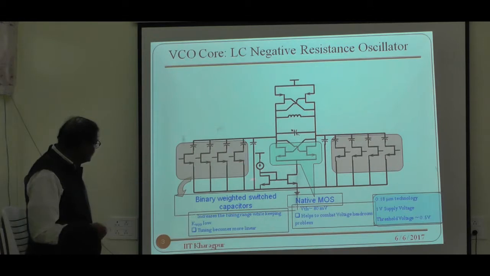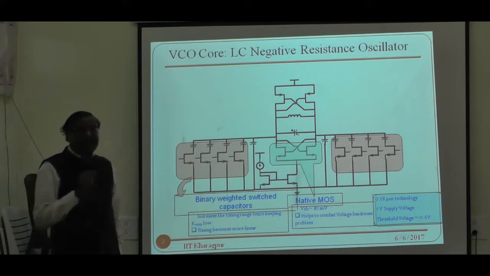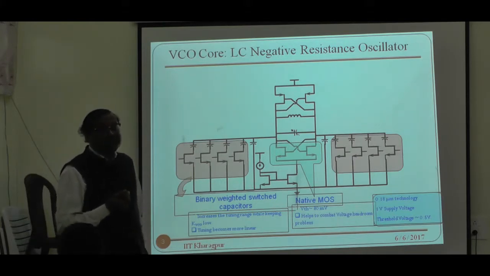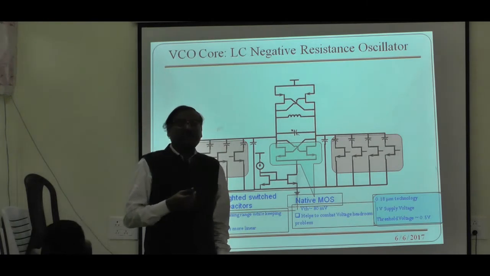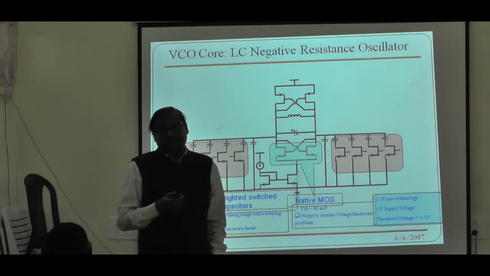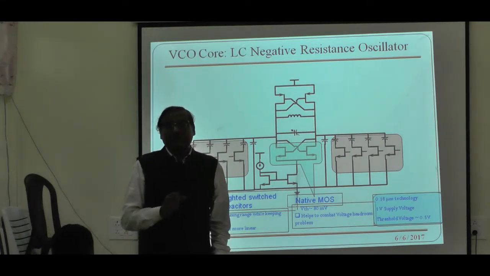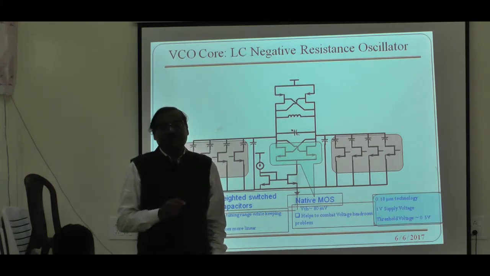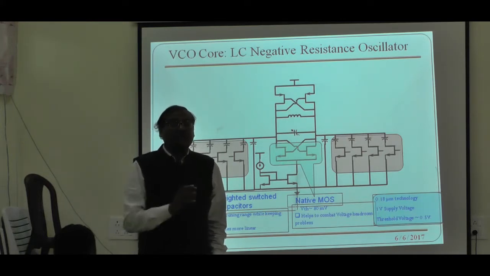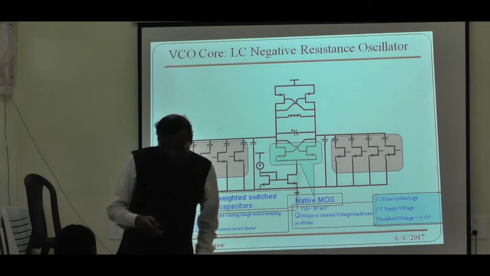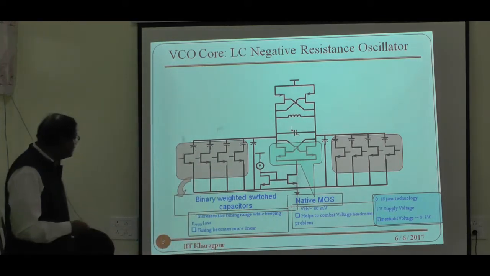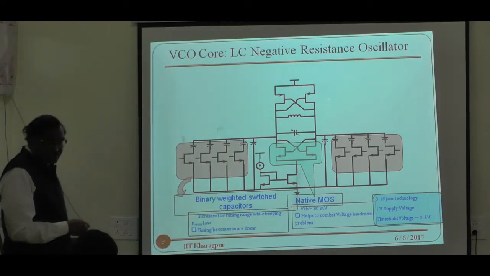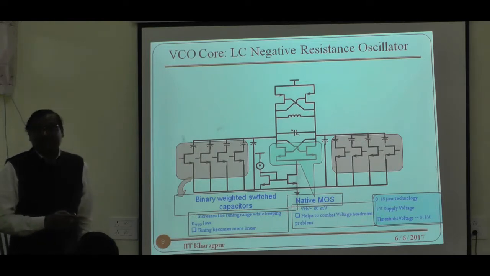Suppose a native MOS is directly connected to the ground, then what will happen? The main problem of the native MOS, as all of you know, is the leakage current. So the leakage current will be high. So you put your native MOS in such a way that it does not see the ground or bias. Just look here at how we have done this. This is a normal MOS, and native MOS cannot be PMOS.